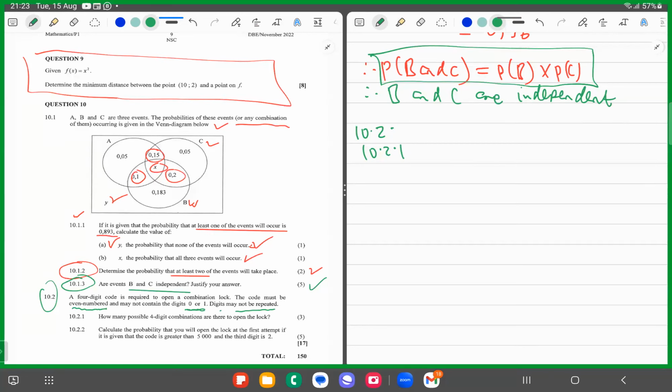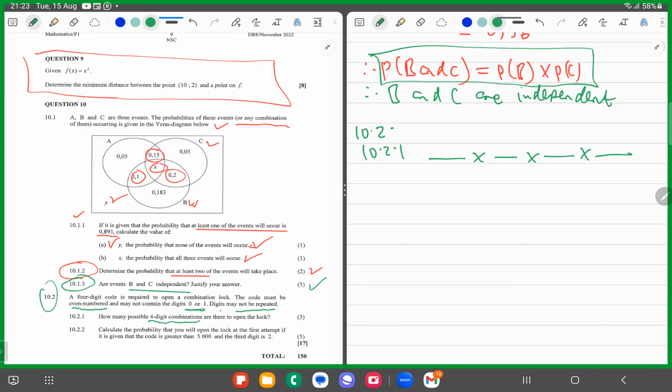Okay, so you need to think about this one very carefully. It's a 4-digit code, so you can do it in many ways. You can put a digit there, there, there, and there. So you have 4 places. Because it's a 4-digit code, you're dealing with 4-digit combinations.